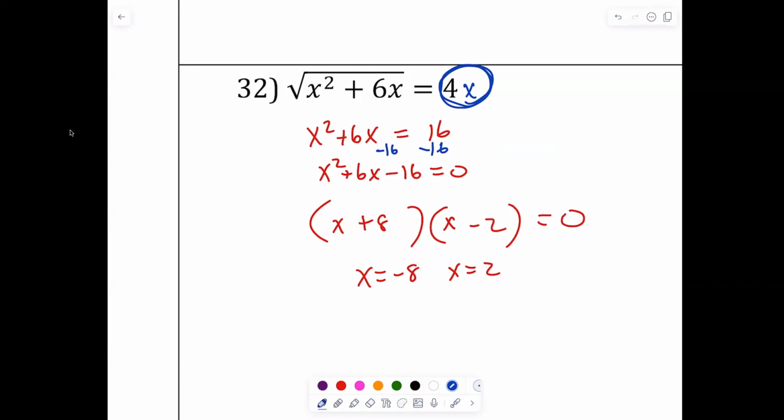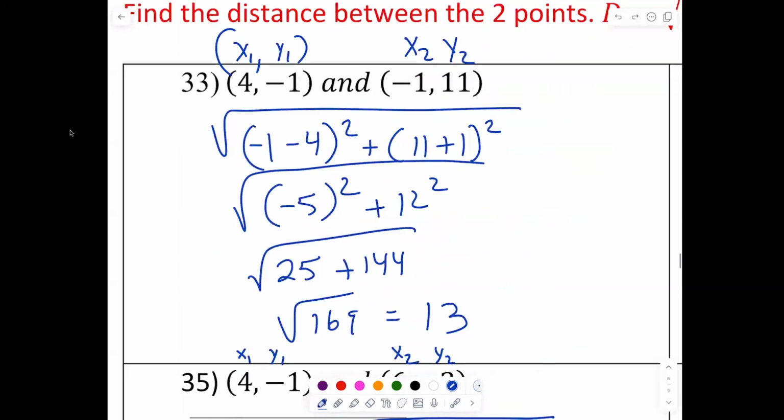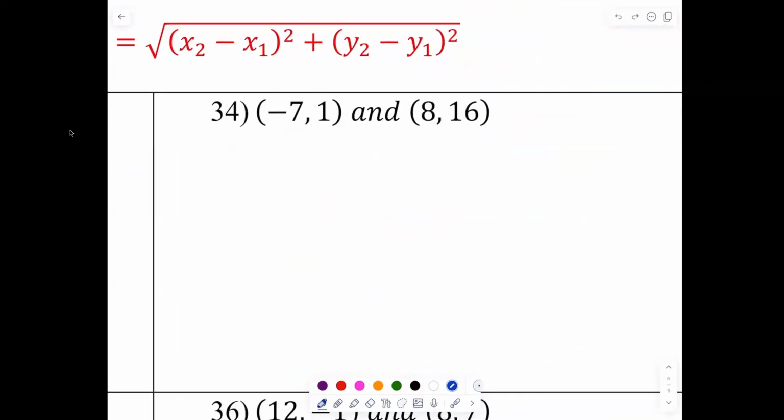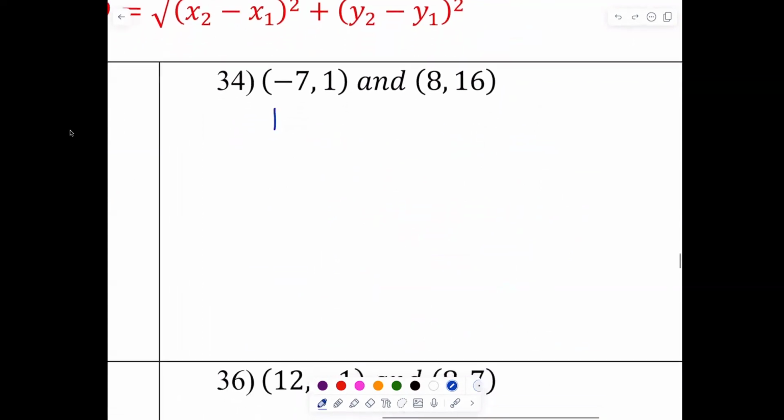Okay, all right, here we go. Now we're doing the distance formula. The formula will be just like this on the test for you. Not a big deal. So here we go. D equals the square root of 8 plus 7 squared plus 16 minus 1 squared.